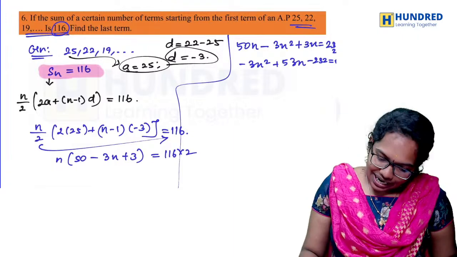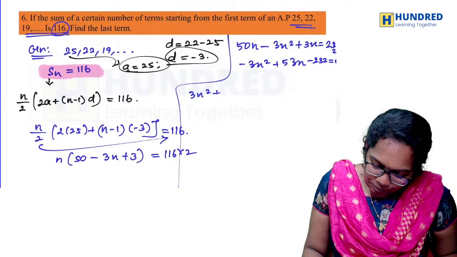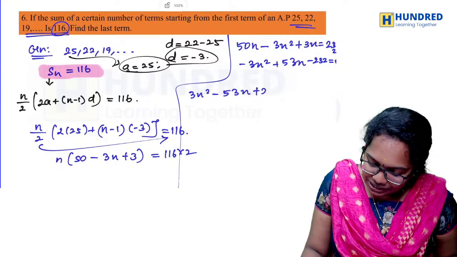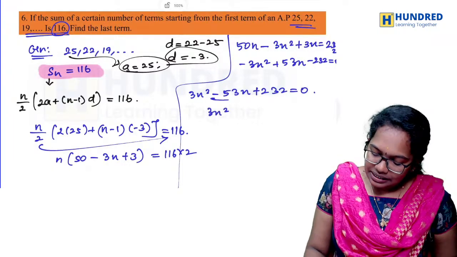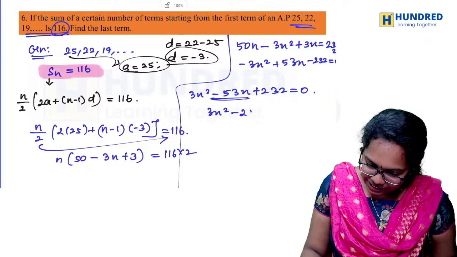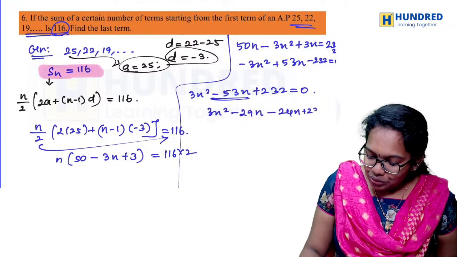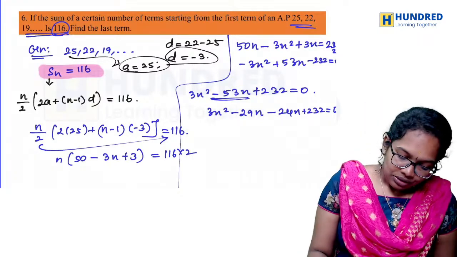So for this quadratic equation we are going to find the n values. We have 3n square minus 53n plus 232 is equal to 0. I am expressing this minus 53n as minus 29n minus 24n, going with the splitting the middle term method.